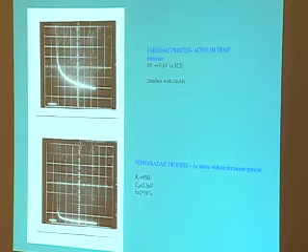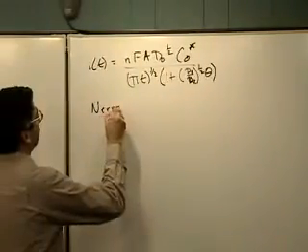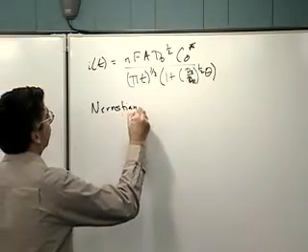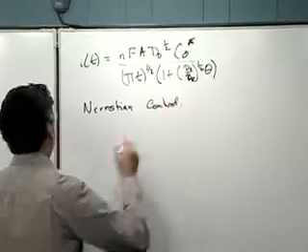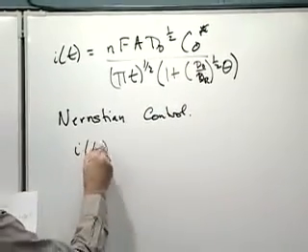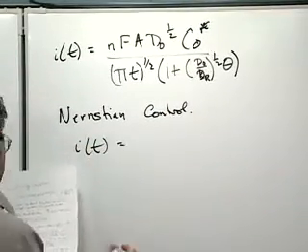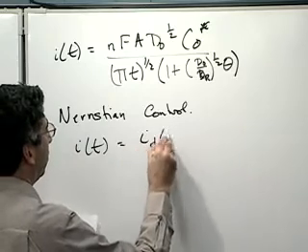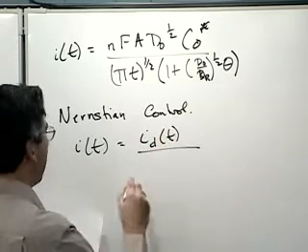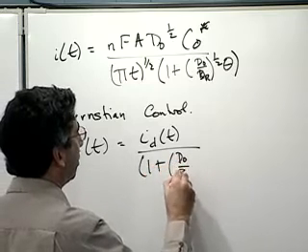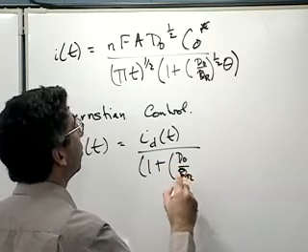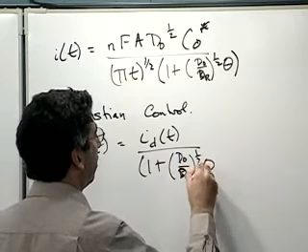So if you wish, I could then just rewrite this current as equal to the Cottrell current, i sub d, divided by this 1 plus the ratio of oxidized to reduced to the 1/2 times theta term.